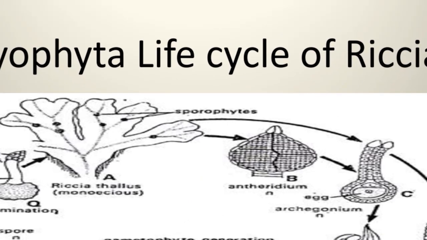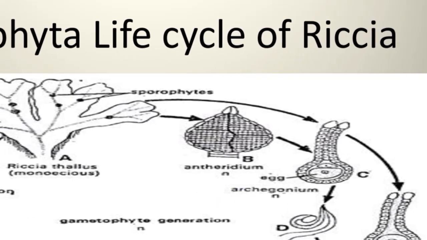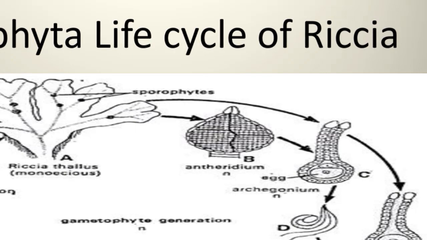It has two parts, one called the male part, another the female part. The male part is called Antheridia and the female part is called Archegonia. This Archegonia has a neck and a venter. The venter has an egg, and the neck is made up of 6 long cells. In the center of that neck, 6 cells are present.